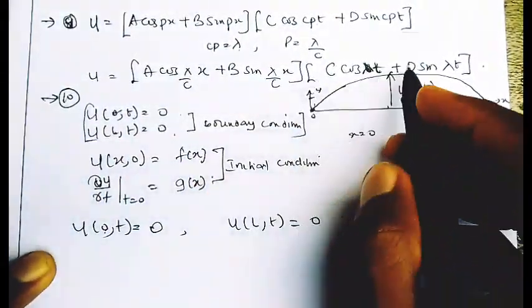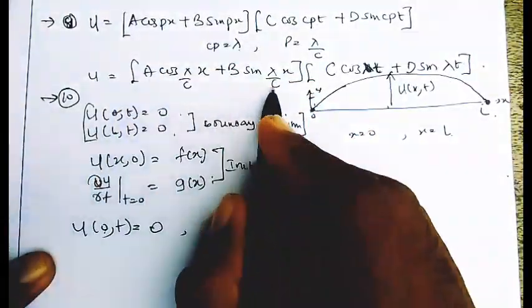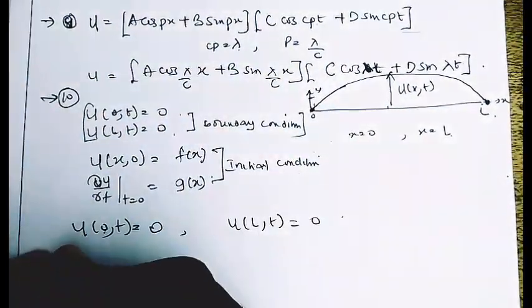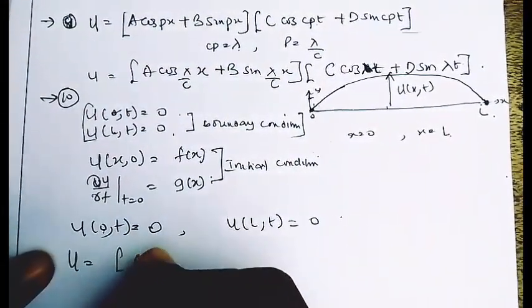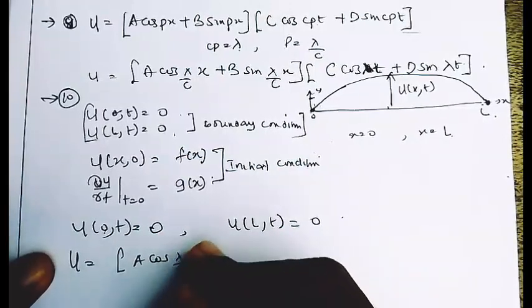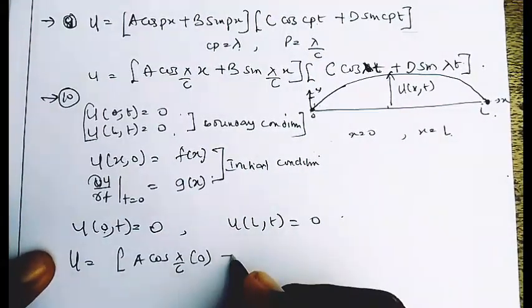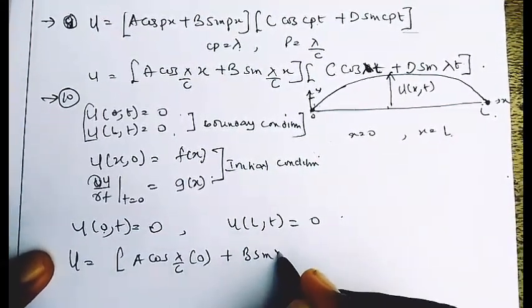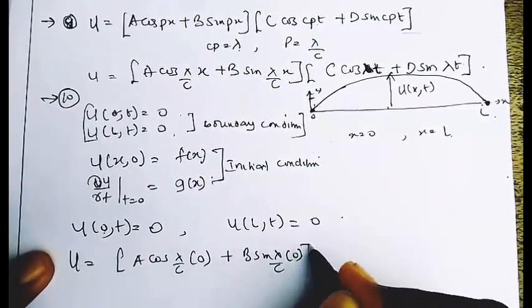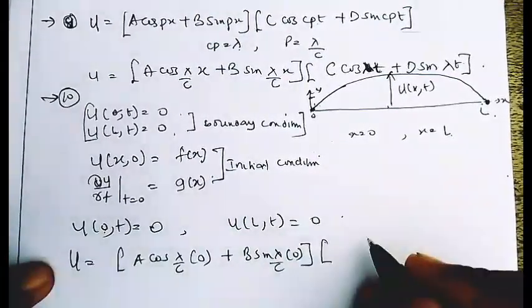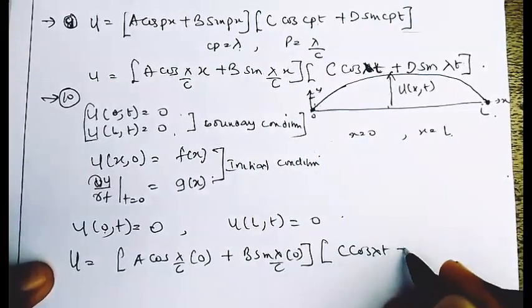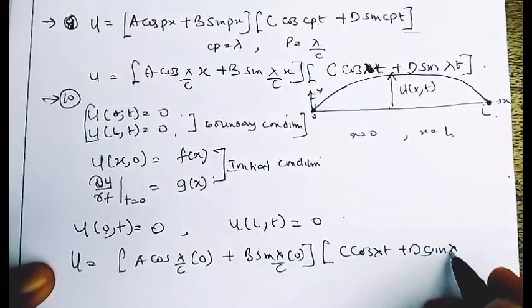So now when x is equal to 0, I put x here. Remember this is a function of t, so the x only applies here. So now what do I have? This is u equals a cos(lambda/c times 0) plus b sin(lambda/c times 0), times (c cos lambda t plus d sin lambda t).